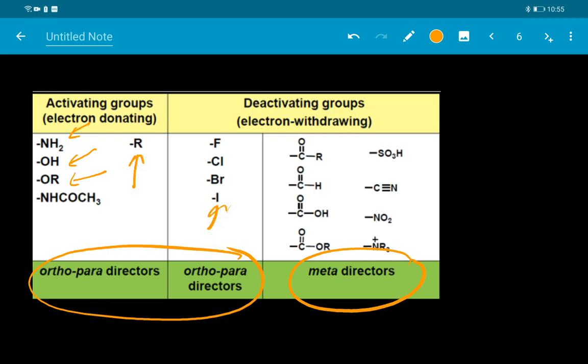This is the ortho-para directors. For the meta directors, it comprises of the SO3H, C triple bond N, NO2 from the nitration, and then we also have the COH from the carboxylic acid. So let me explain first what ortho-para and meta directors are all about.